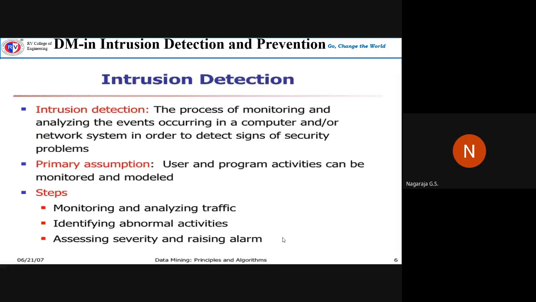The moment you notice that, obviously, we have to send some notifications, or understand whether the severity is low, medium, or high. Accordingly, you have to take immediate decisions to protect your system. That's what is happening in most intrusion detection and prevention systems as well.